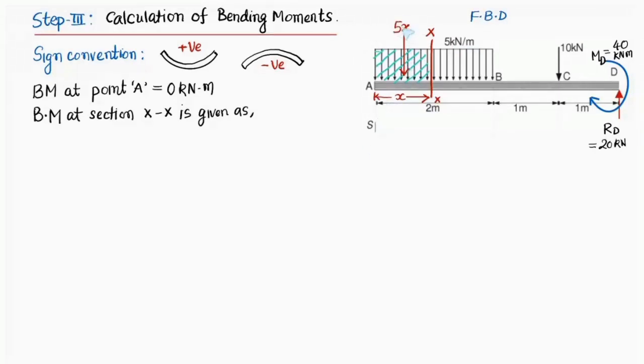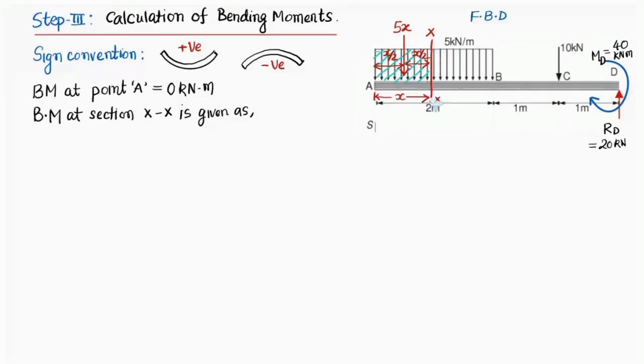This point load 5x is going to act at a distance x by 2 from point A, because the point load equivalent of a uniformly distributed load always acts at the midpoint of the length on which the uniformly distributed load is acting. I have taken the uniformly distributed load over the span of x, so the point load would act at distance x by 2, as I have shown here. If this is x by 2, this is also going to be x by 2, as you can see from the figure itself.